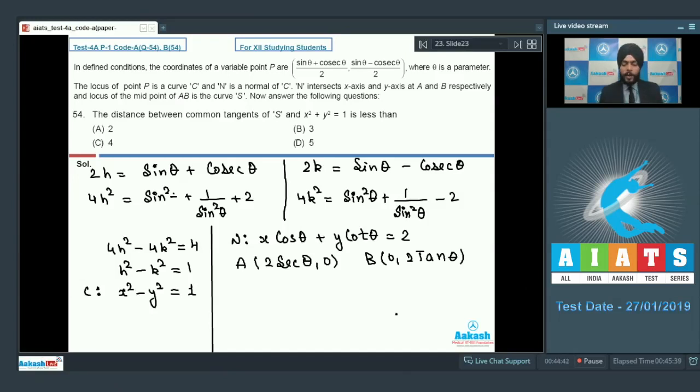Further, locus of midpoint of AB. So let the midpoint be M. M is secant theta comma tan theta. The locus of this particular point is S. No doubt, students, S is again x square minus y square equals 1. So S and C are the same curves. Distance between the common tangents of S and x square plus y square equals 1 is less than.